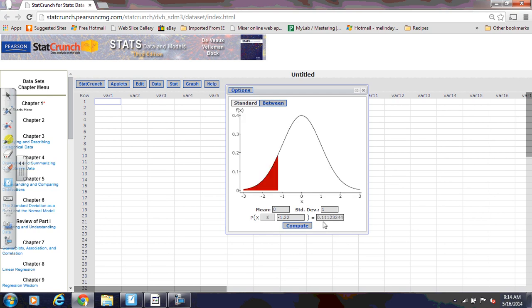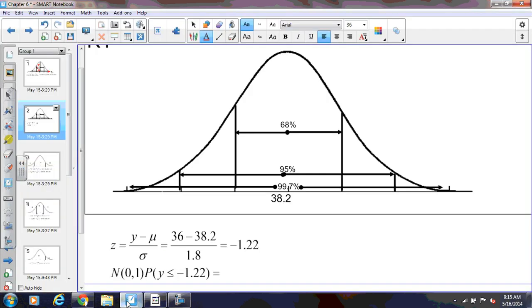And that's going to give us 11% or 0.11. So this area is the area less than negative 1.22, or if we go back to our original curve, it'd be the area less than 36. This area then is 11%. So 11% of kindergartners would be less than 3 feet tall.